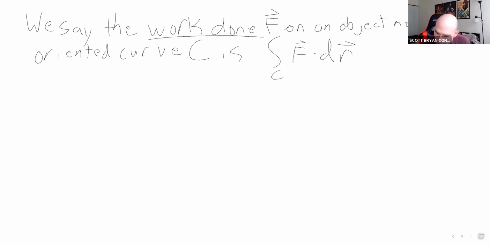So the work done by F as you move along a curve C is the integral over the curve C of the vector field.